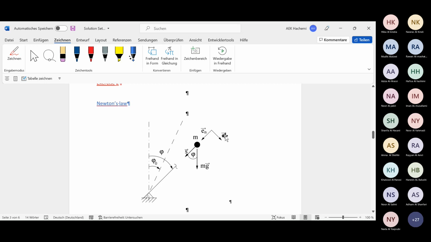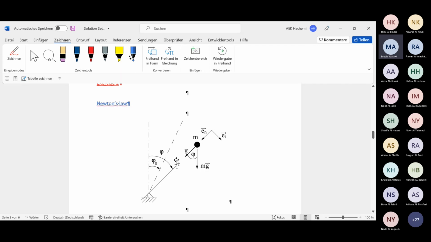We have different ways to represent the motion: the polar coordinate system, the Cartesian coordinate system, or this system when we follow the path of the motion. Now we have EN, ET, the basis vectors, and these forces.